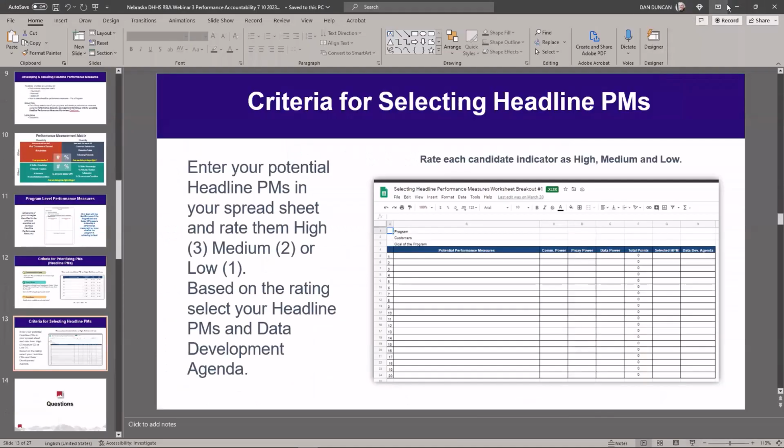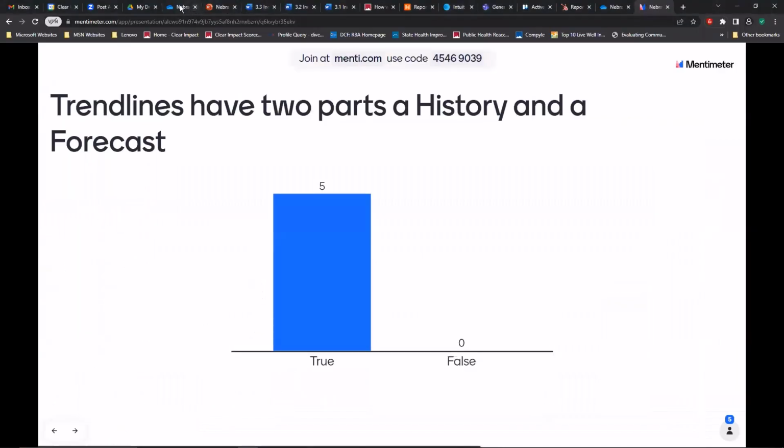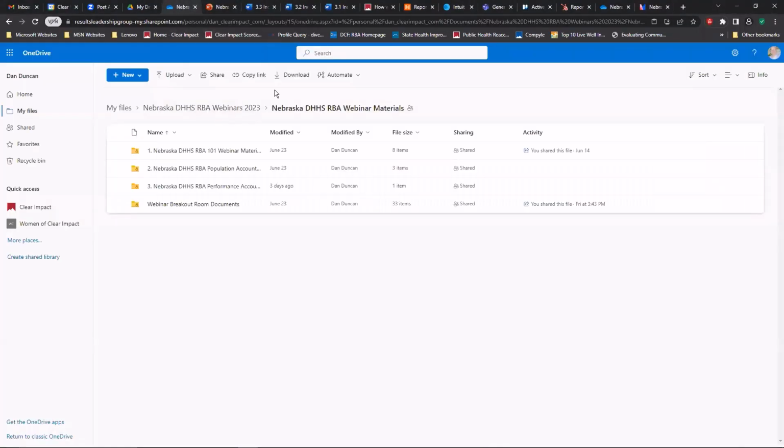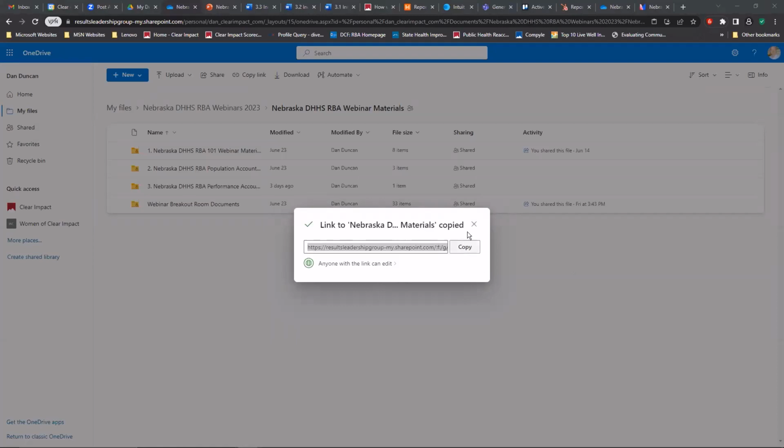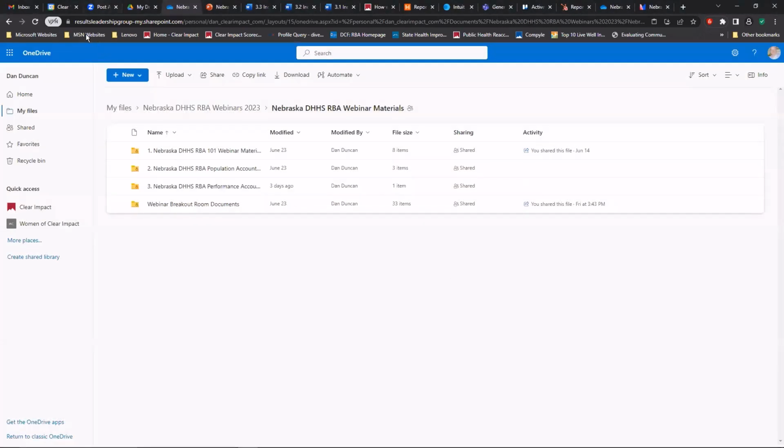So what we're going to do, let me go into the OneDrive first. Here, I'm going to put this link in the chat. Make a copy of that link. And then when you get in this folder, you're going to hit the webinar breakout documents right here.